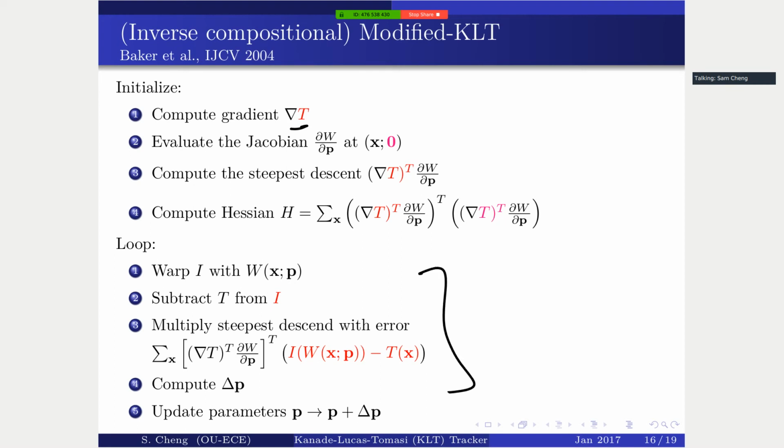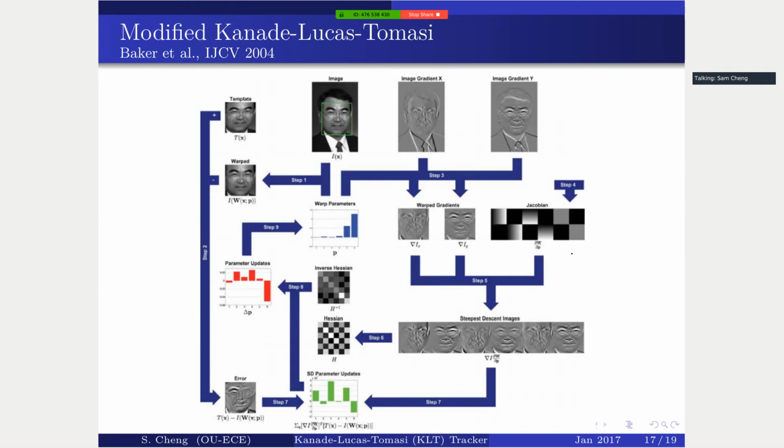The main thing is that everything here in the original algorithm you need to compute repeatedly, in the loop, but now it's not. So this is the block diagram of the entire modified KLT algorithm.